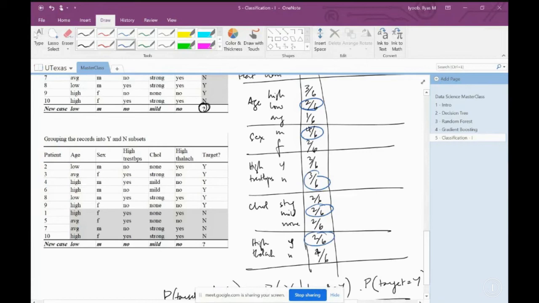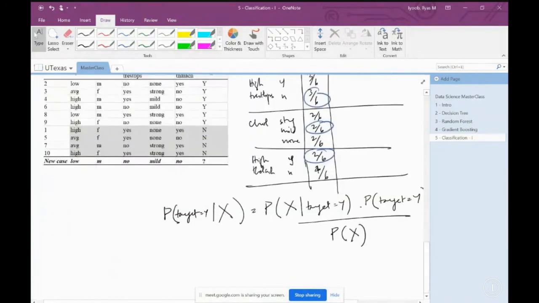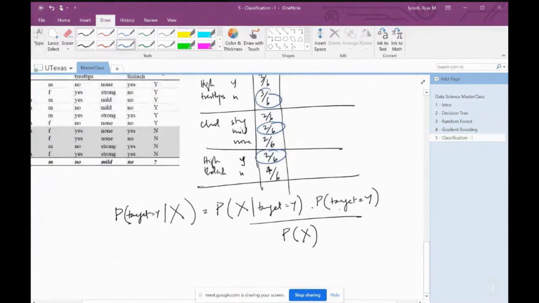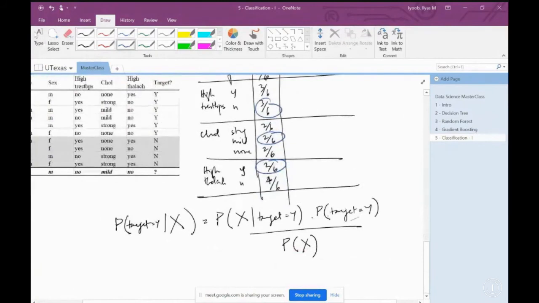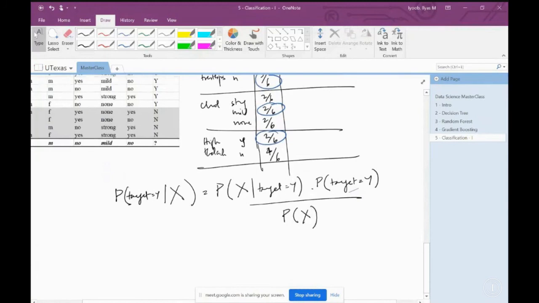So now that we have all of these probabilities, we should be able to put them together. We already have the probability that the target is Y, that is this value, and then the probability of the x's. So let me write this down for you.